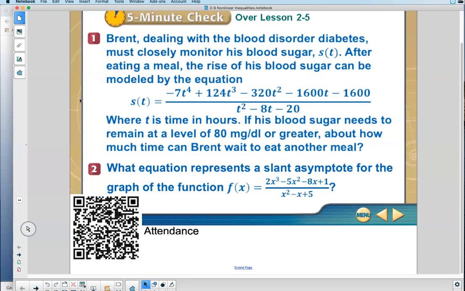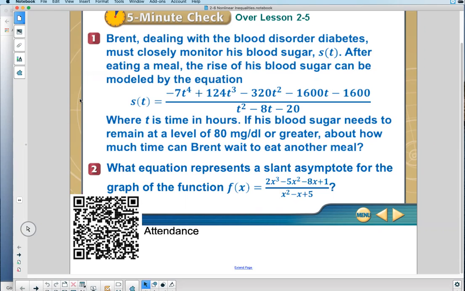So let's take a look at number 1. It says Brent, dealing with the blood disorder diabetes, must closely monitor my blood sugar. If you don't know, that's my first name, so I made this problem about myself. After eating a meal, I start to digest the food. What happens is I take in sugar, and my blood sugar goes up.